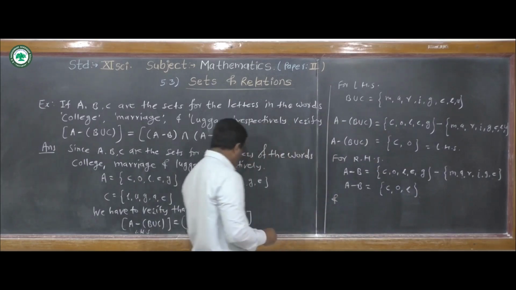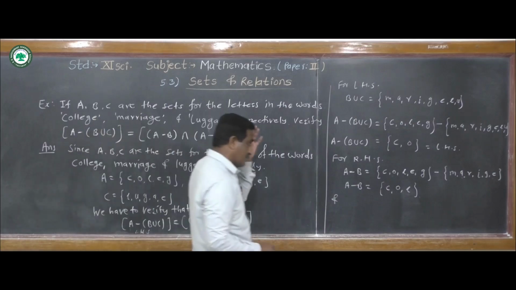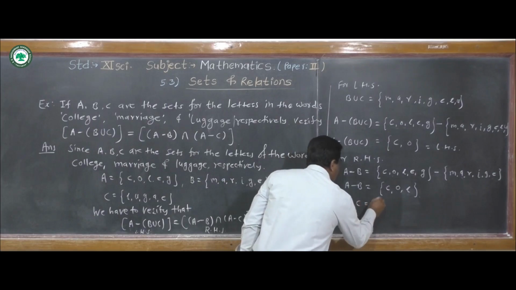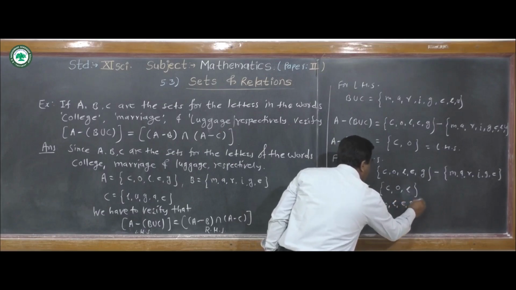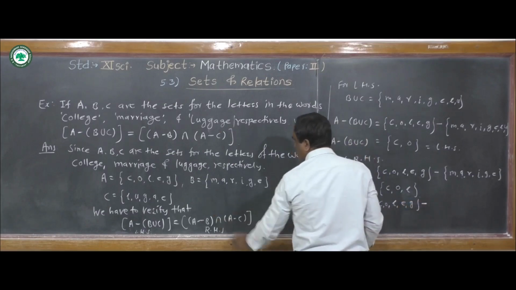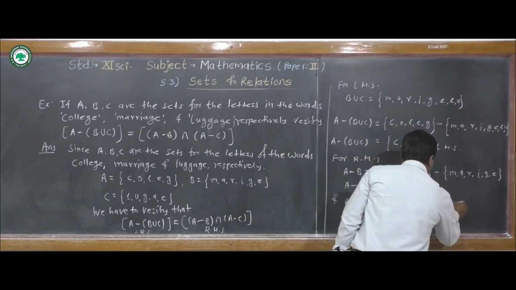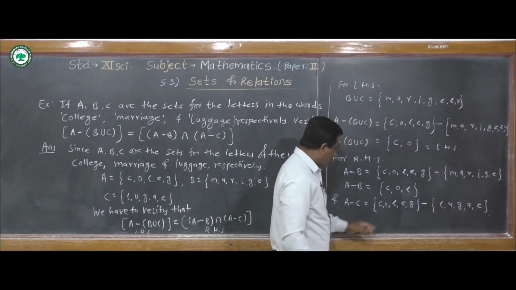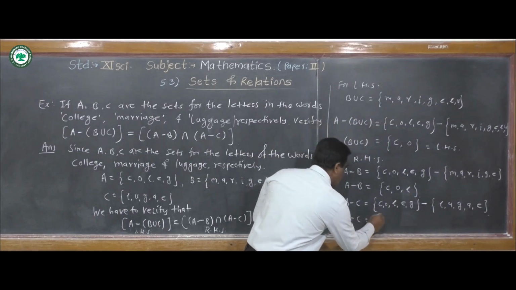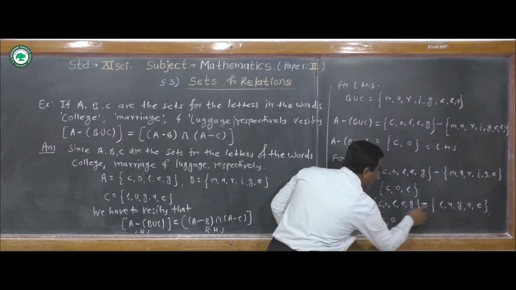And we have to find A minus C. That is A minus C is equal to, in curly bracket, C, O, L, E, G minus set C contains elements M, U, L, A, E. Now here A minus C is equal to, in curly bracket, C is not there, O is also not in set C, L is there, E is also there, G is also there.